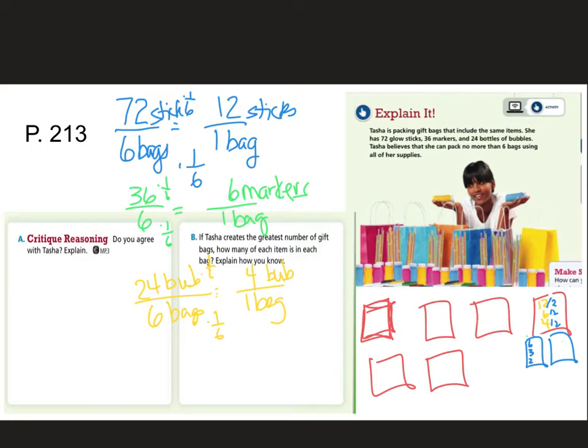And over here, 6 glow sticks, 3 markers, and 2 bubbles. If I took each of these bags and broke them up into 2 bags, how many total bags would I have? Well, rather than only 6, she could actually make a total of 12 bags.